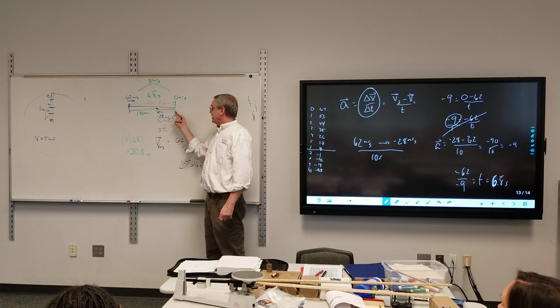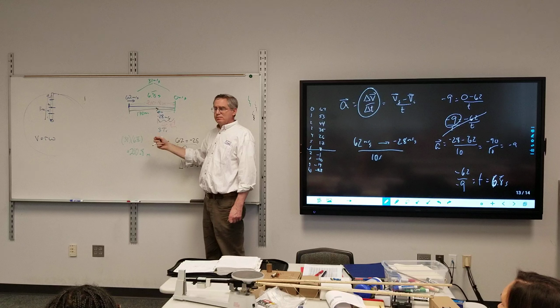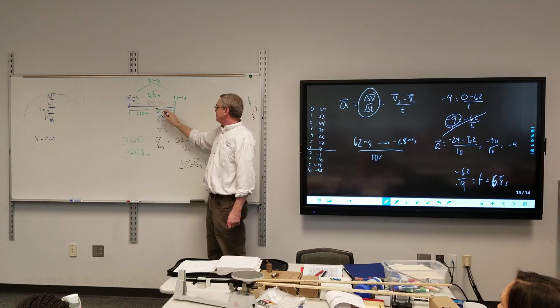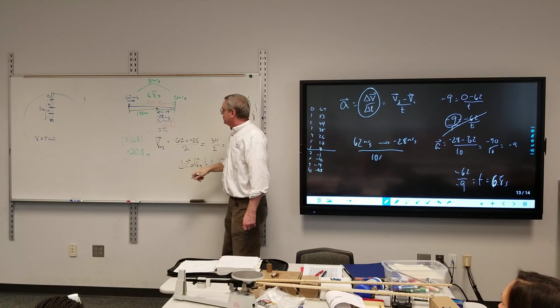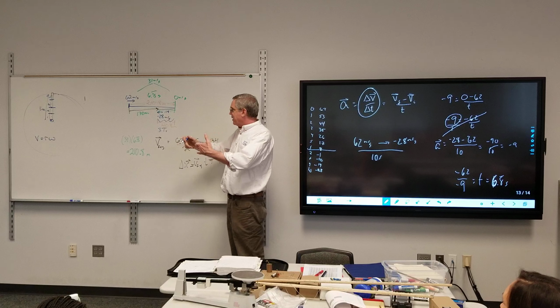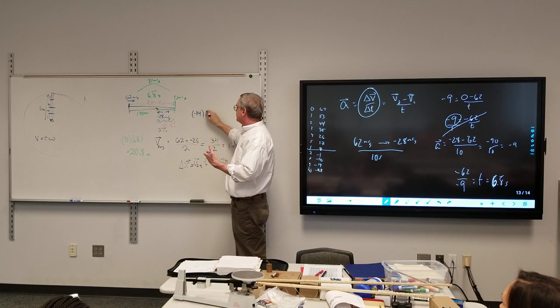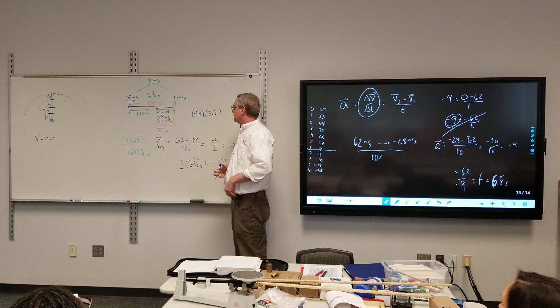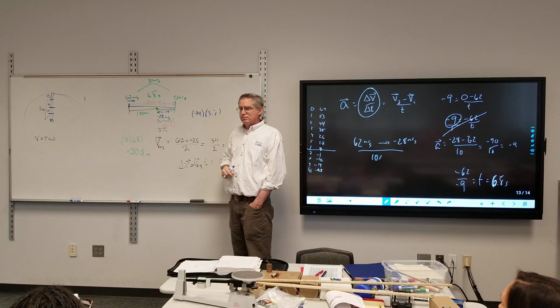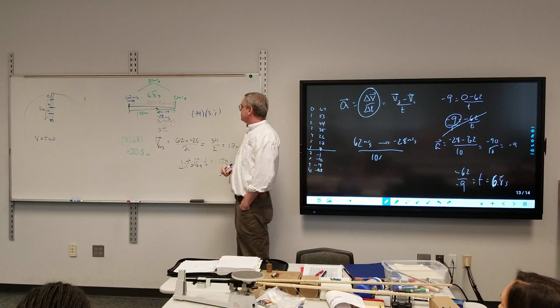My average velocity for this segment is the average of 0 and negative 28, which is negative 14. So the distance I'm traveling back would be 14 times 3.1 repeating, which I'm hoping is 40.8. But I don't think it is.